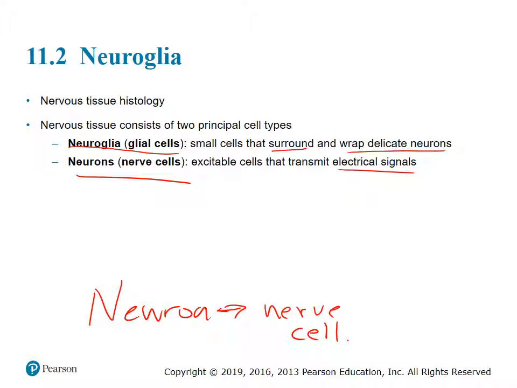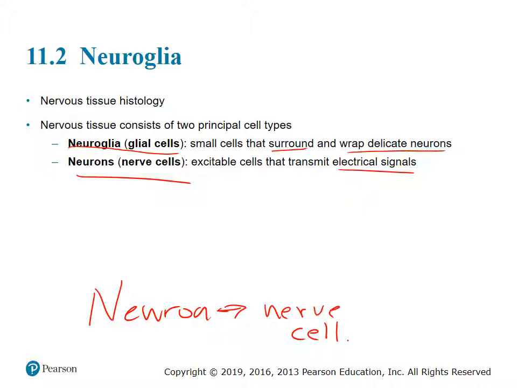Over the past, I want to say 20, 30 years or so, we started to look at the neuroglia, the little small cells that are the supporting cells. And lo and behold, when we started to take a look at those, we found that they are just as, or in many cases, more important than the neurons.